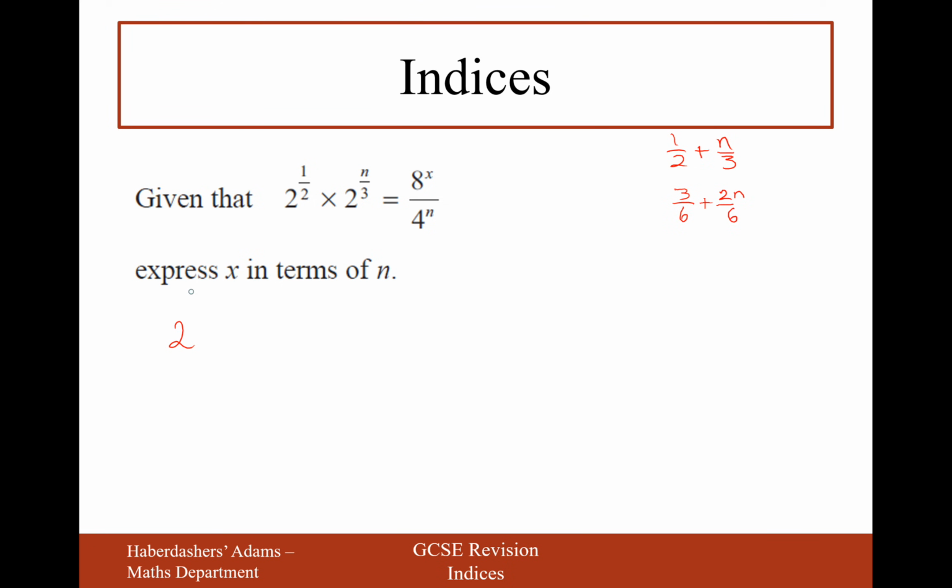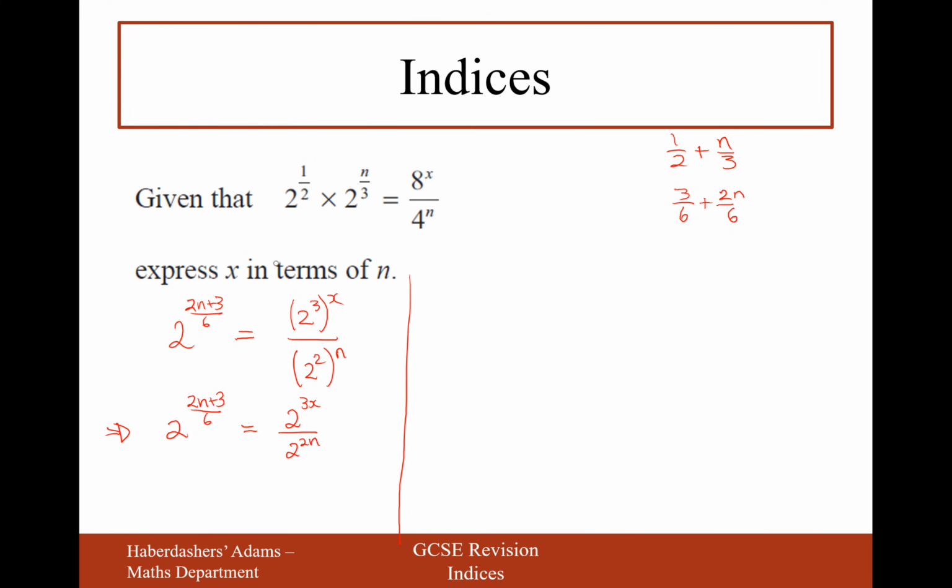So it's going to be 2n plus 3 over 6 equals, 8 I'm going to rewrite as 2 cubed, and 4 I'm going to rewrite as 2 squared. So on the left hand side we'll keep that as it is, and on the right hand side it's now going to be 2 to the 3x over 2 to the 2n.